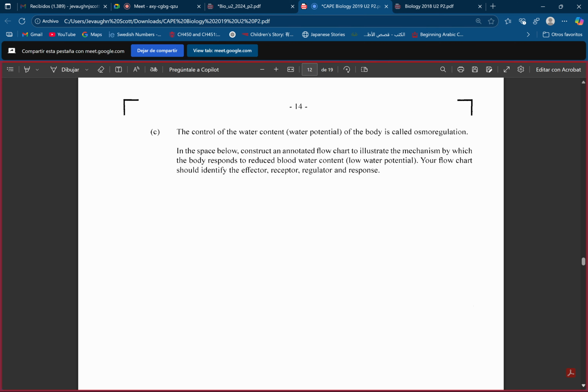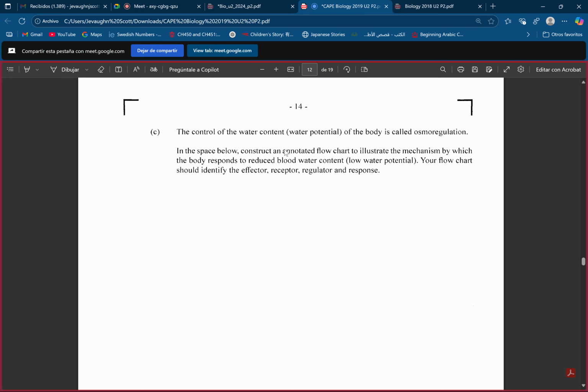All right, but while we're doing that, this question now: the control of the water content of the body is called osmoregulation. Go ahead. Somebody raised their hand. No. Okay. It's called osmoregulation.